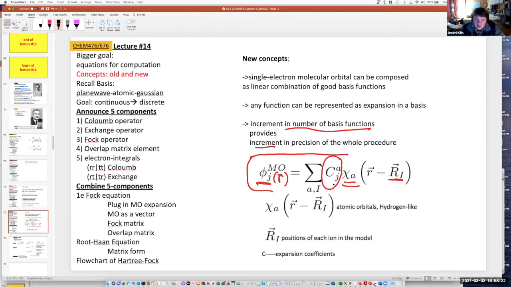So right now, we are coming to a new subsection. If we really want to do computation of real molecules, we need to explicitly process this summation. We need to select basis functions. We need to select how we will represent atomic orbitals.